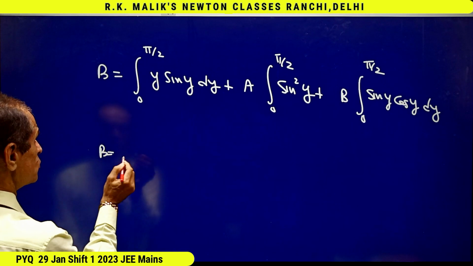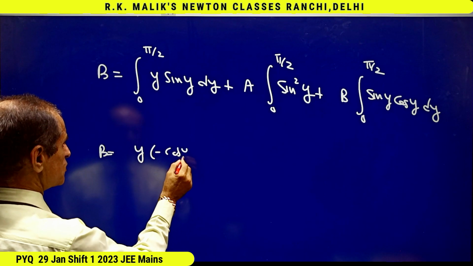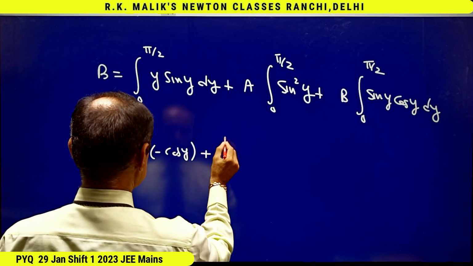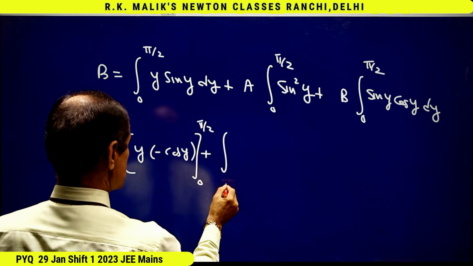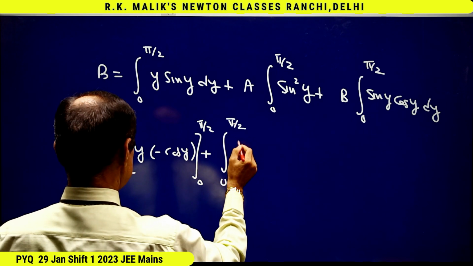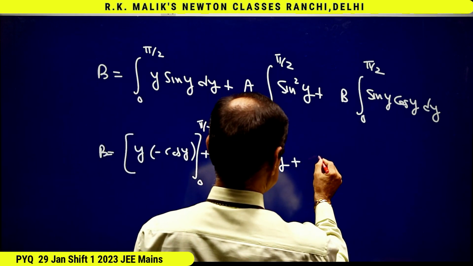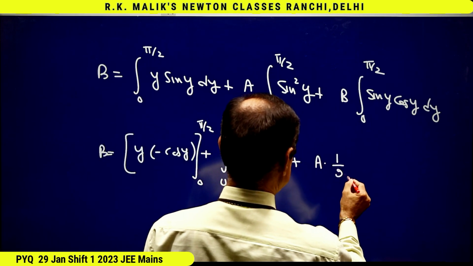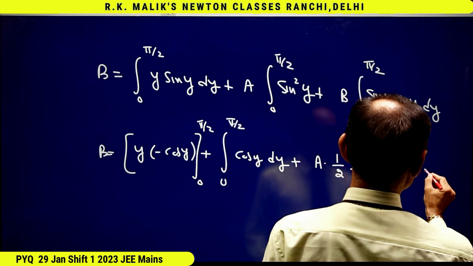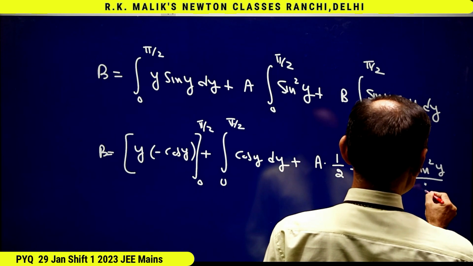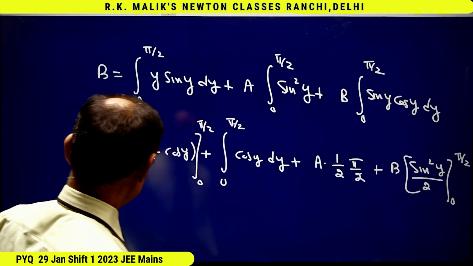That is, b is equal to y into minus cos y, plus integral cos y dy, plus a into 1 by 2 into pi by 2 plus b, 0 to pi by 2.